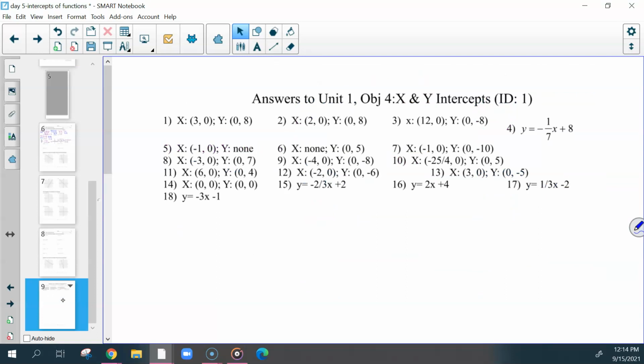The last one, the x-intercept was 12, y-intercept was -8. That's not what that's supposed to say. So for number 4, the x-intercept was 56.